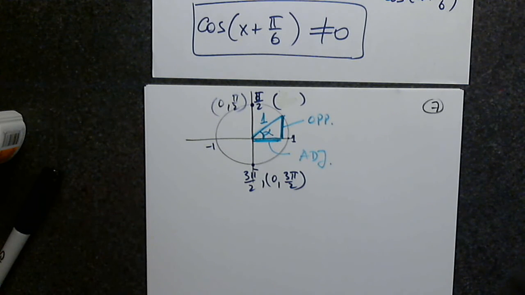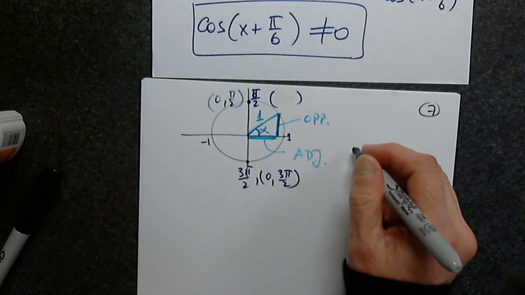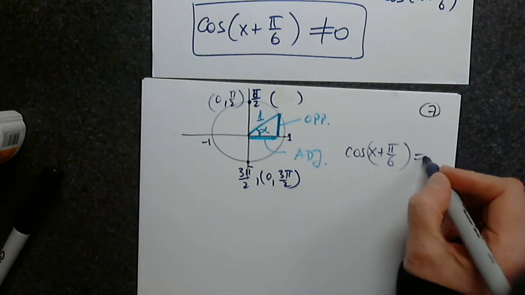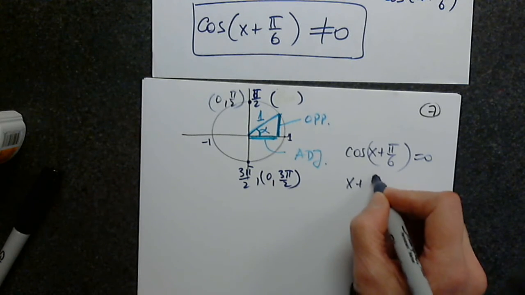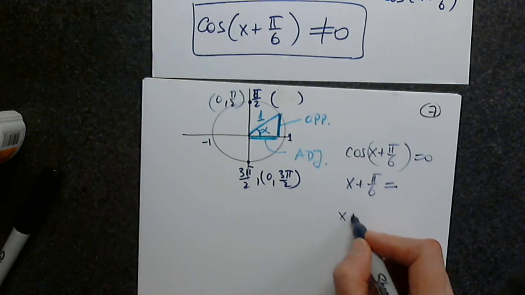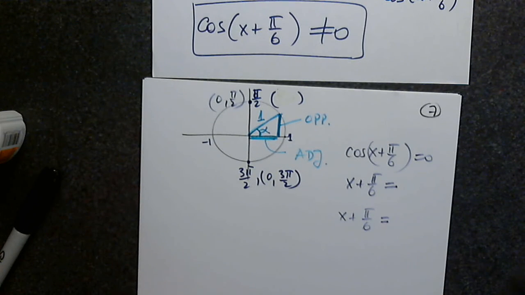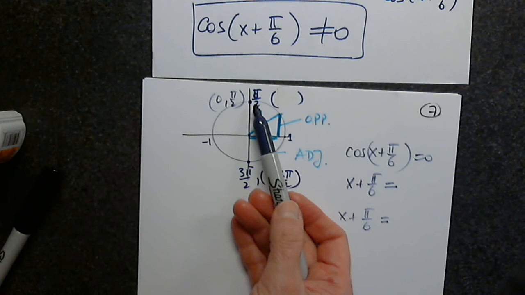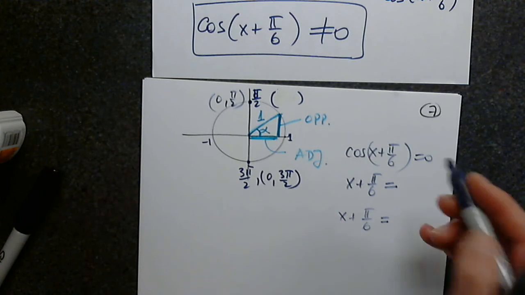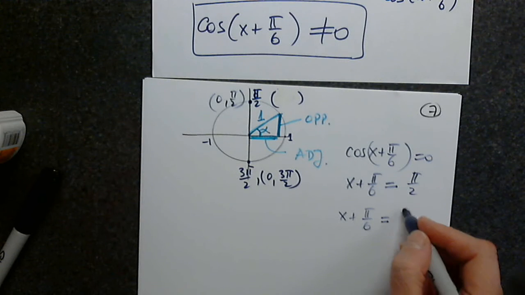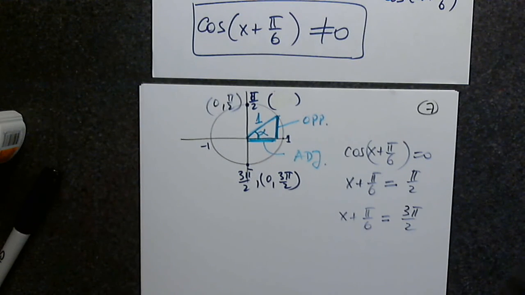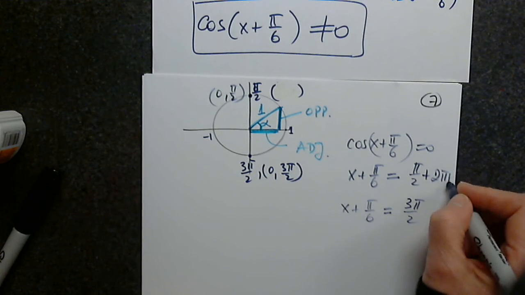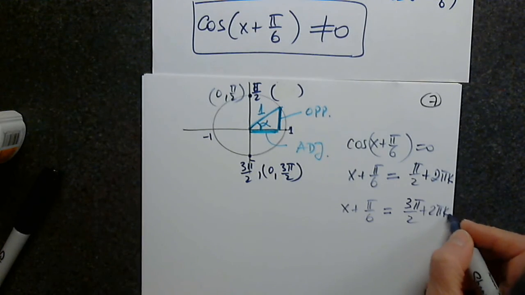So this point is 0 comma pi over 2. But what we're interested in is basically to say that cosine of x plus pi over 6 is 0 when x plus pi over 6 is either pi over 2 or 3 pi over 2, but that's not sufficient for all possible solutions, plus 2 pi k.